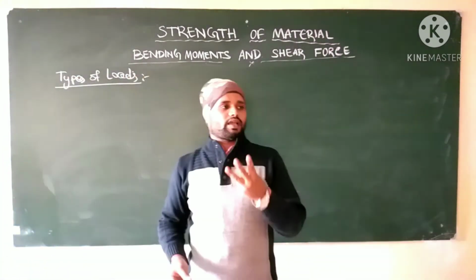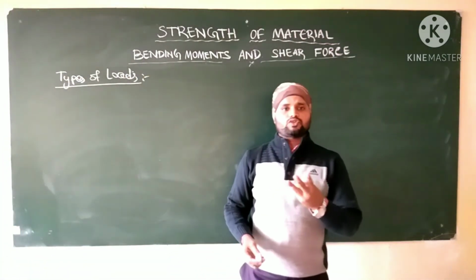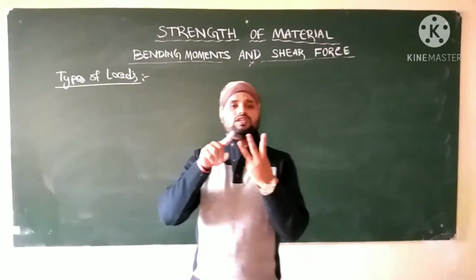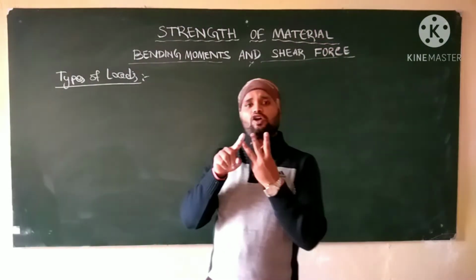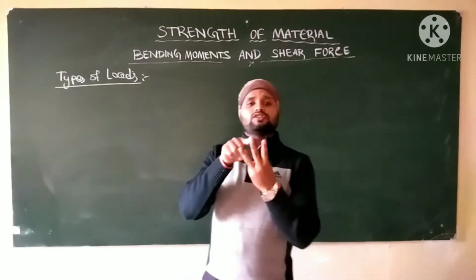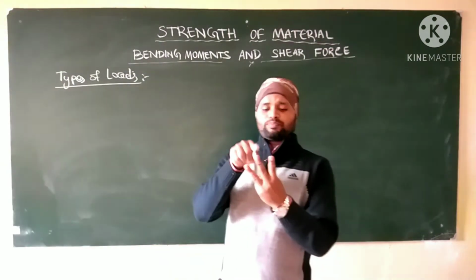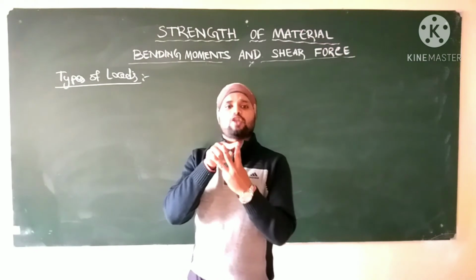Types of loads. A beam is subjected to three types of load. First one is the concentrated load, you can say point load. Second one is the uniformly distributed load. Third one is the uniformly varying load.